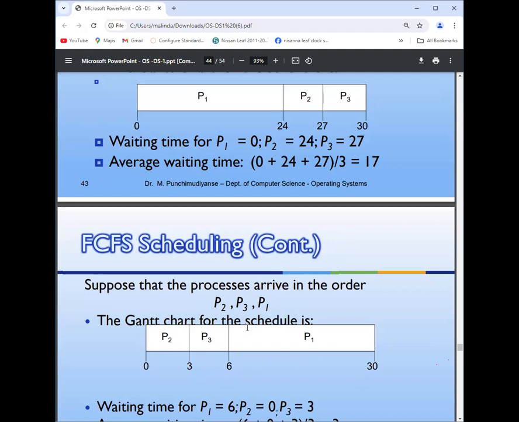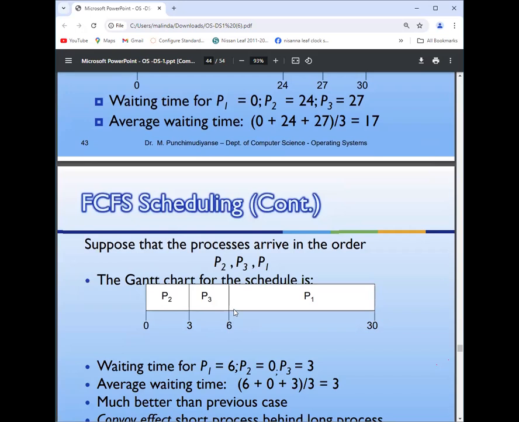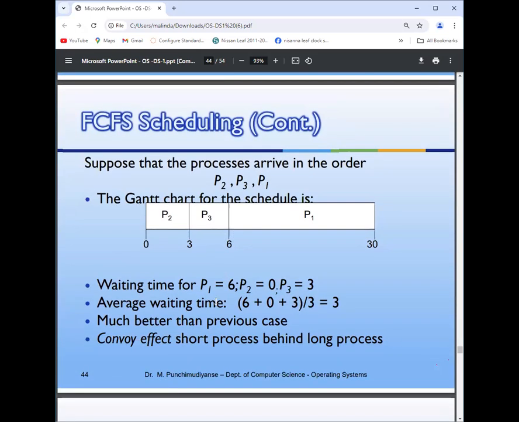Right? So based on this Gantt chart, if we calculate the waiting time, P2 came first, so P2's waiting time is 0. P1's waiting time, if you calculate, is from 0 to 6 milliseconds to wait before getting the CPU time. So 6 milliseconds for P1.